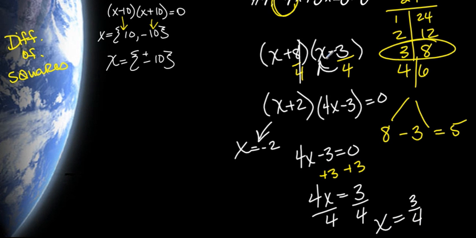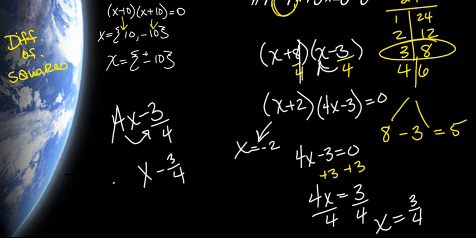So, if you're looking at a fraction like this, and you have a 4x minus 3, all you have to do is undo the bottoms up, and you get your factor.